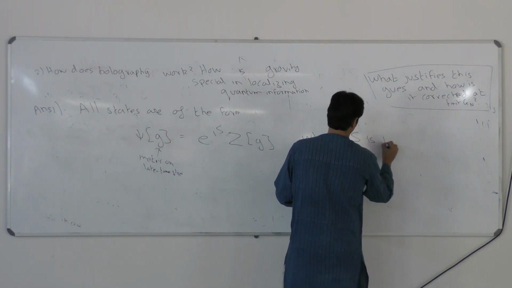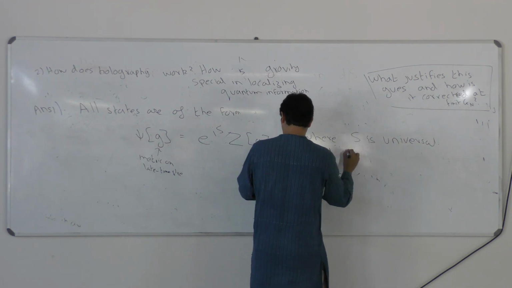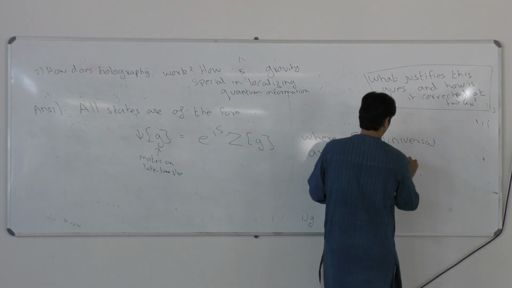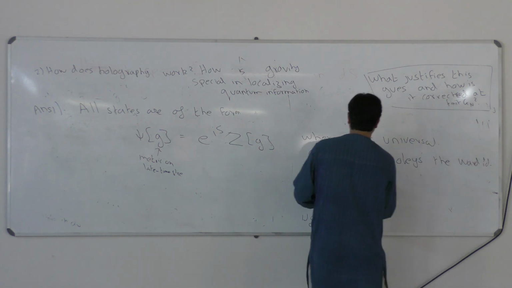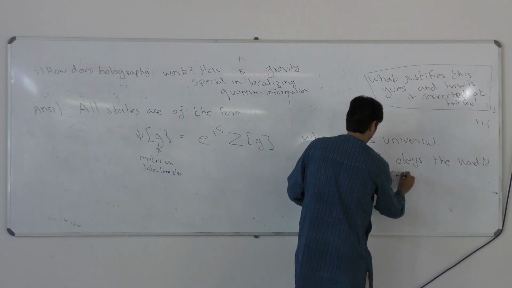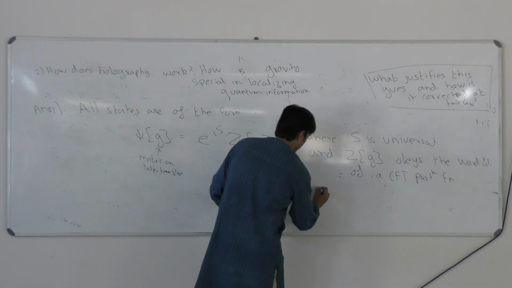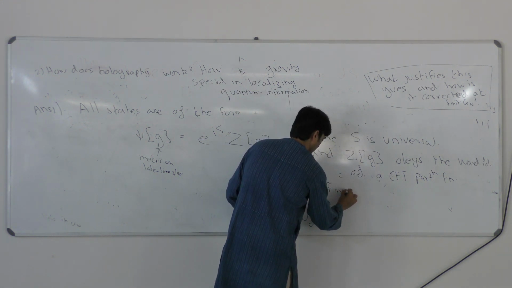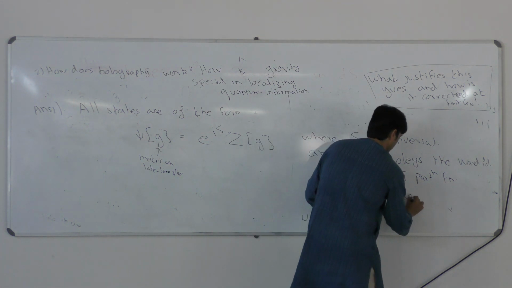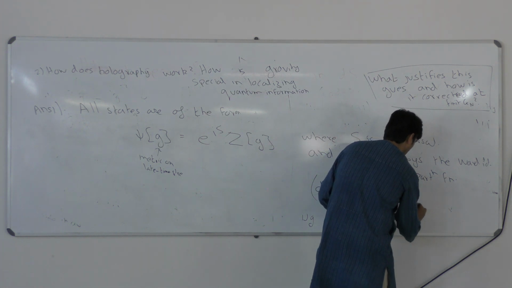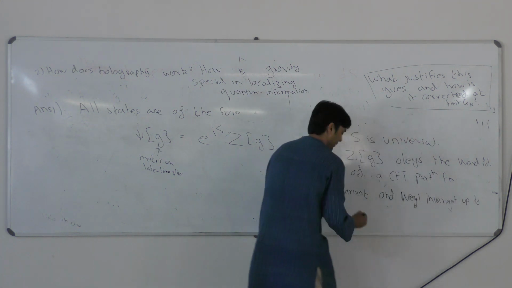So the claim is that all states are of this form, where S is universal. I'll tell you what S is. And Z of g obeys the Ward identities of a CFT partition function. And what this means is that it's diffeomorphism and Weyl invariant, up to a possible Weyl anomaly in given dimensions, which I'll specify.